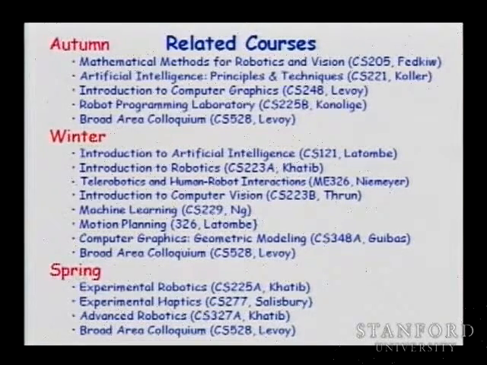This is the Intro to Robotics. In spring, I will be offering two additional courses that deal with experimental robotics, that is applying everything you have learned during this class to a real robot and experimenting with the robot, as well as exploring advanced topics in research, and this is in advanced robotics.